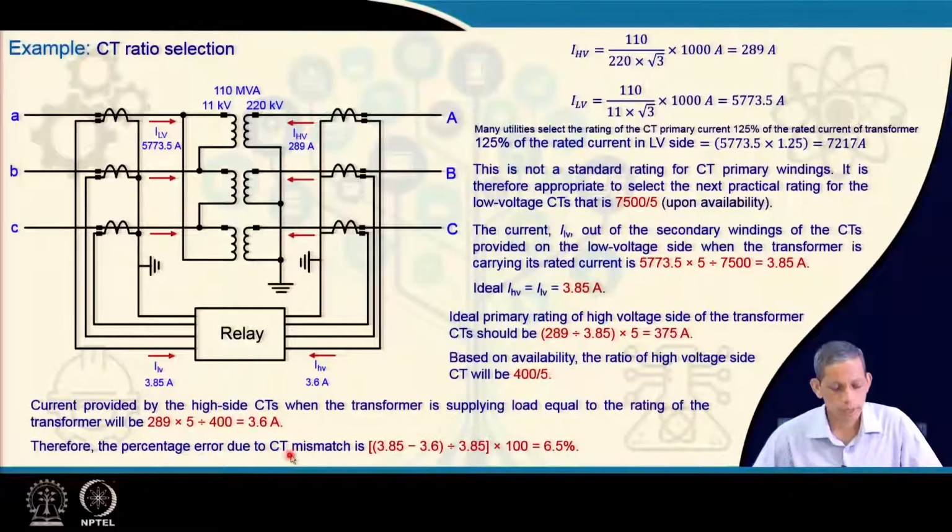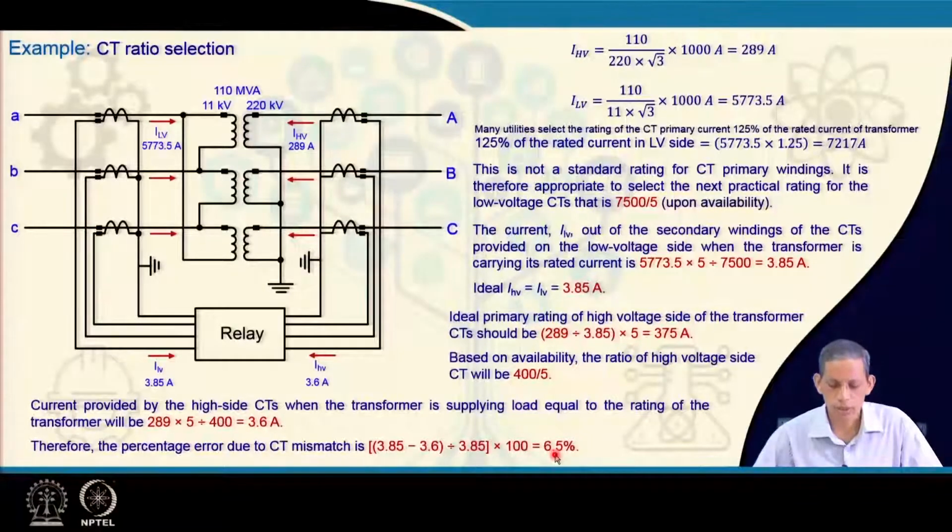So, therefore, the percentage of error due to CT mismatch, for a selection of 7500:5 and 400:5 for the high voltage system and low voltage system, becomes equal to 3.85 on the low voltage side and 3.6 ampere on the high voltage side, divided by 3.85, the low voltage current, which will be 6.5%.